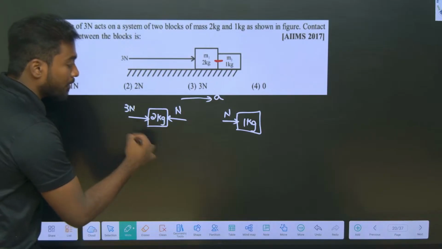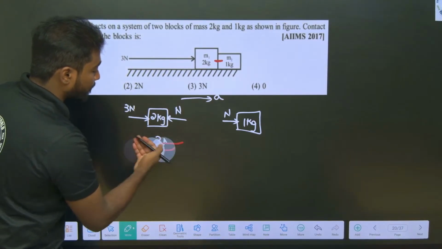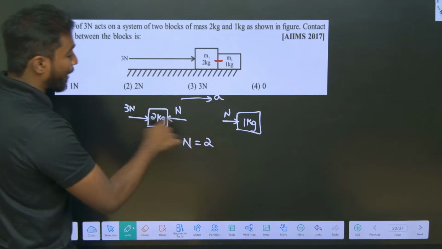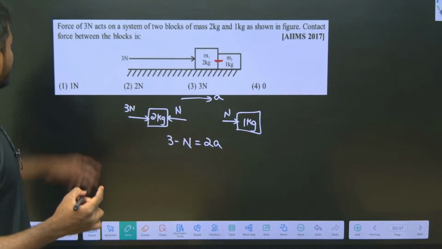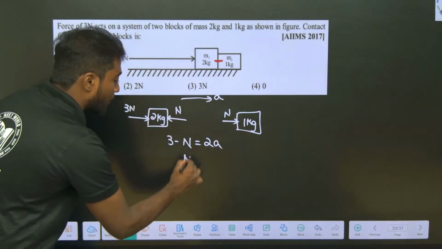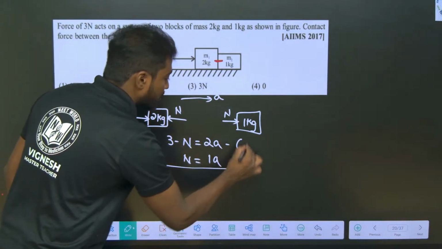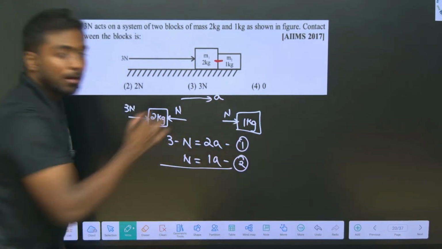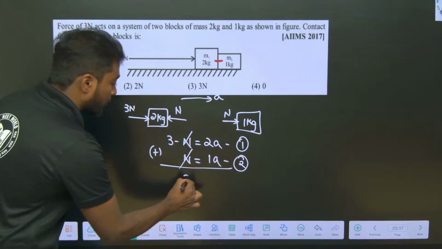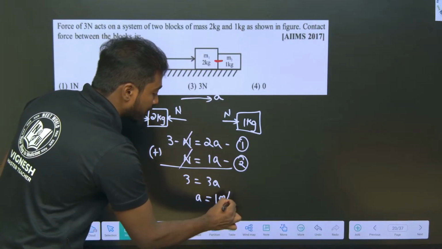Now if I see the diagram, I can write the equation: 3 Newton minus normal force is equal to 2 into acceleration A. Acceleration is not given, right, so I can write it as A. Now N is equal to 1 into A. Now add these two equations, equation number 1 for block A, equation number 2 for block B. So N and N will get cancelled, so 3 will be equal to 3A, where A is equal to 1 meter per second square.